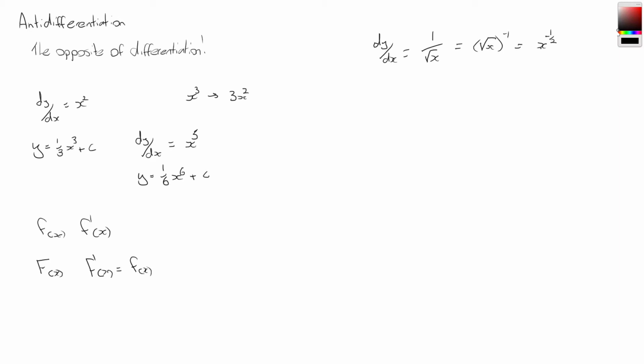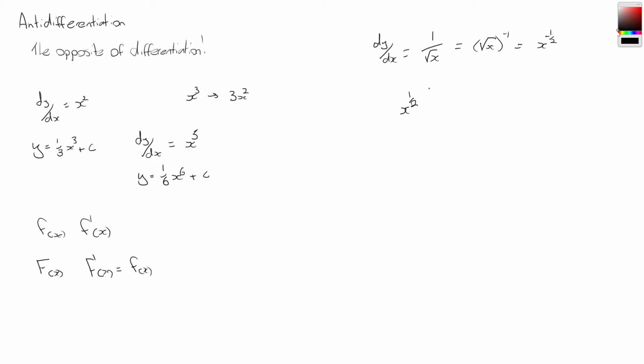We know this. So how do we take this and step backwards? Well, first of all, if we add 1 onto here, that will give us what the power was beforehand. So let's write it out. Let's start with it at least anyway. x to the power of 1 on 2.